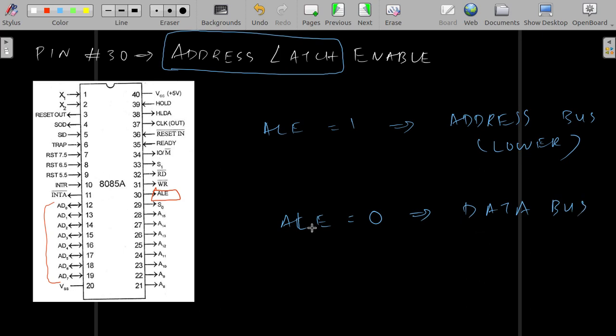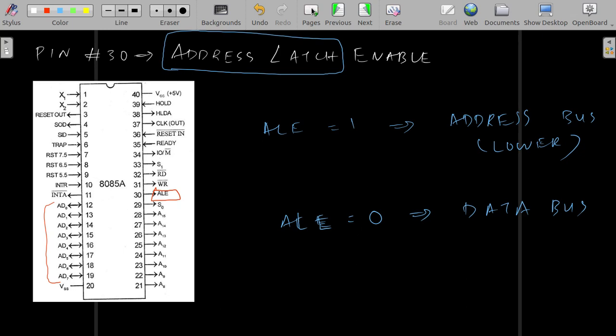The processor generates this signal, but from the designer's point of view, this signal is used for enabling and disabling the address latch.